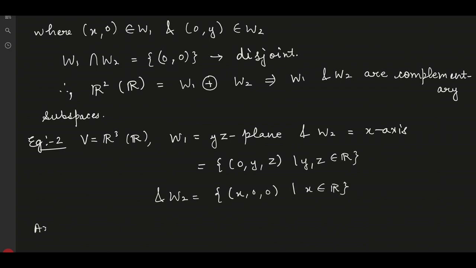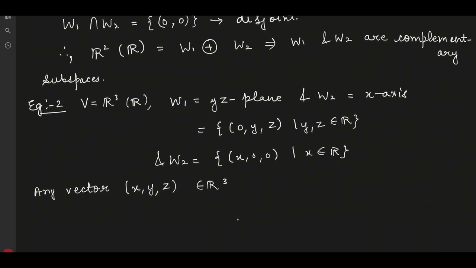Now, if I take any vector from this vector space V, I want to write this vector by using the elements of W1 and W2. So tell me whether I can write this or not.